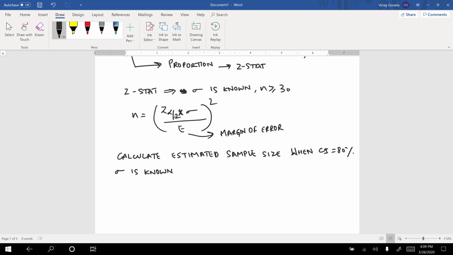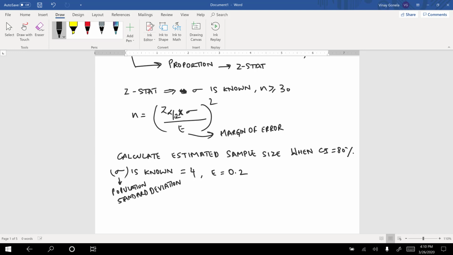So when I write sigma, that is population standard deviation. And this is equal to 4, and the margin of error, or error, is 0.2.